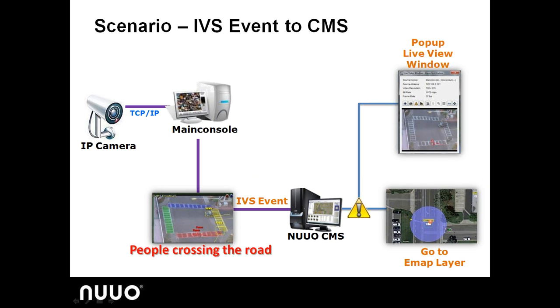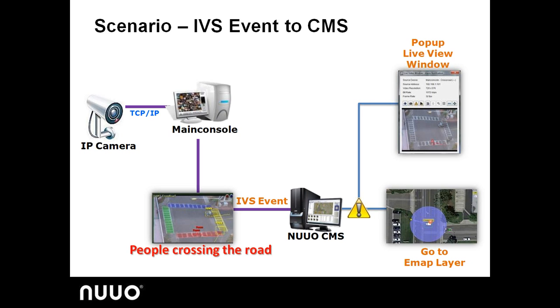In the first scenario, I will set an IBS event. If people are crossing the road, then the main console will send an alarm to the CMS system. In the CMS client, we need to highlight which channel has an alarm happening.